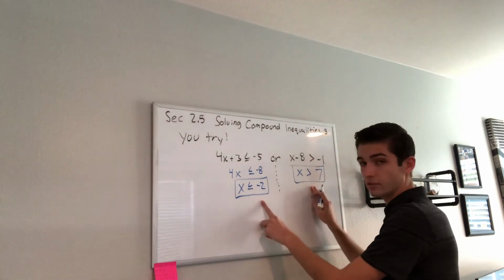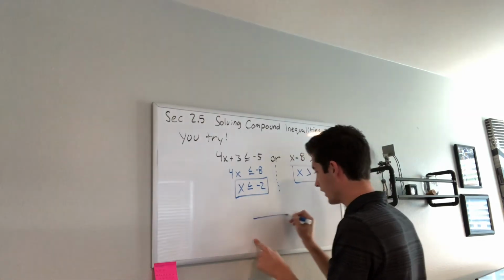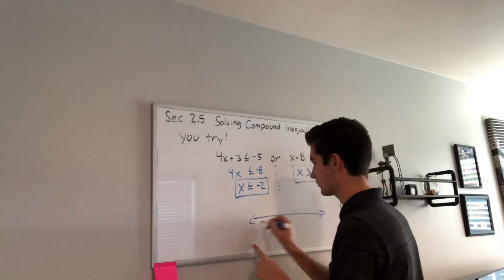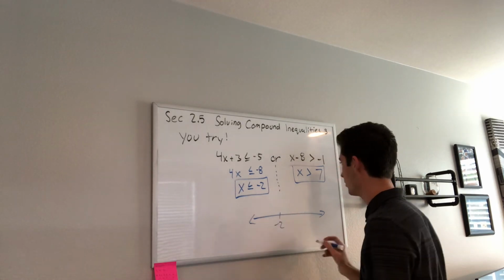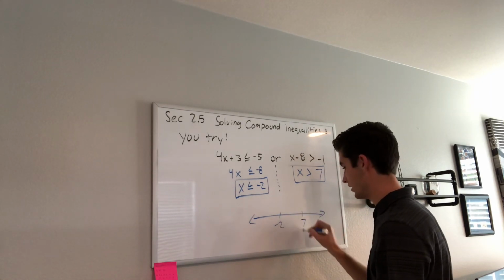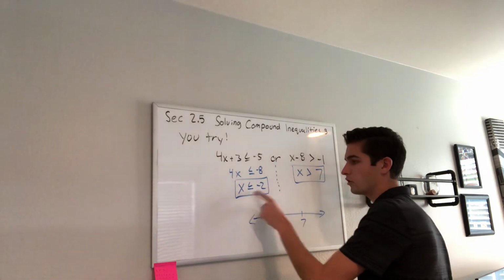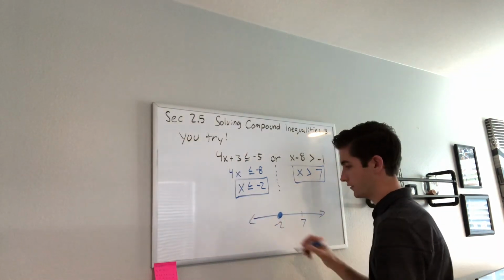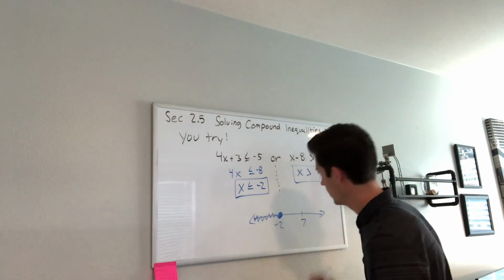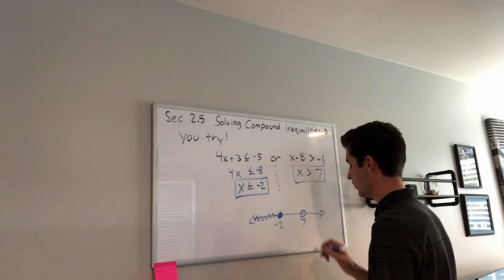Both of them are in graphing form, so when we go to graph this, put the small number on the left, which is -2. Put the large number on the right, which is 7. We have a closed dot at -2, and we're going to be shading to the left. We have an open dot at 7, and we're going to be shading to the right.